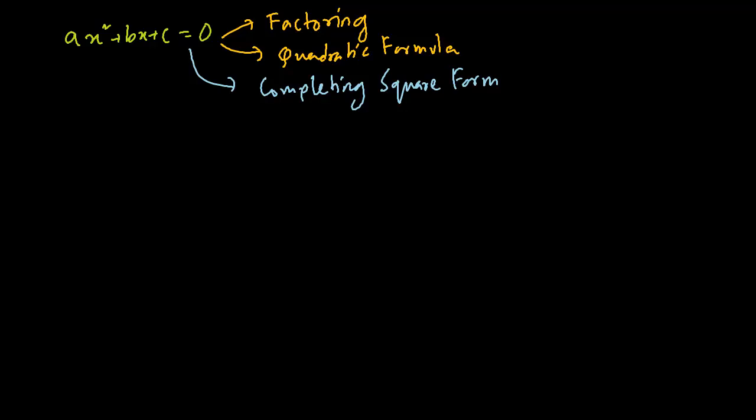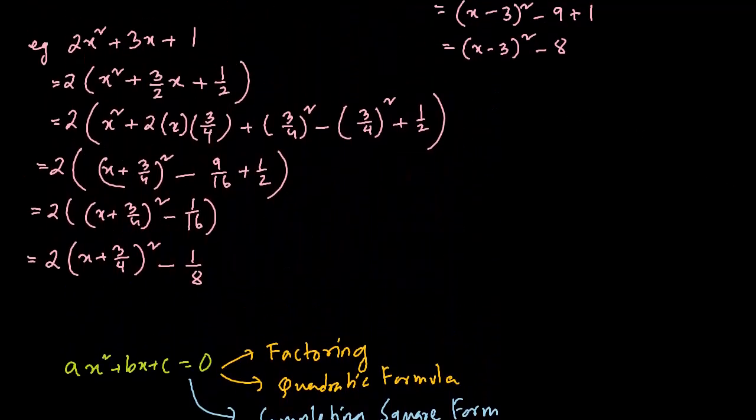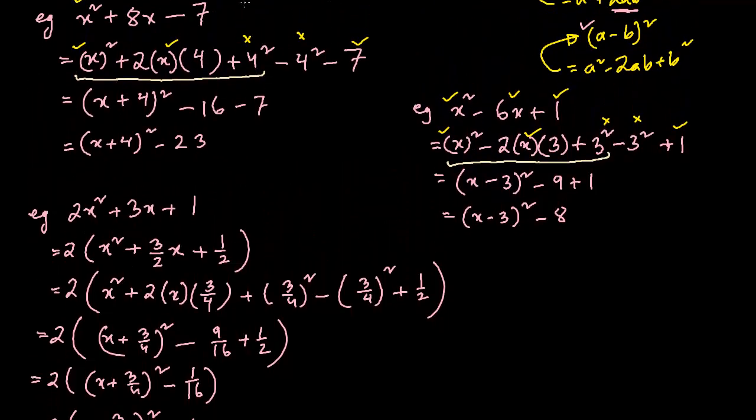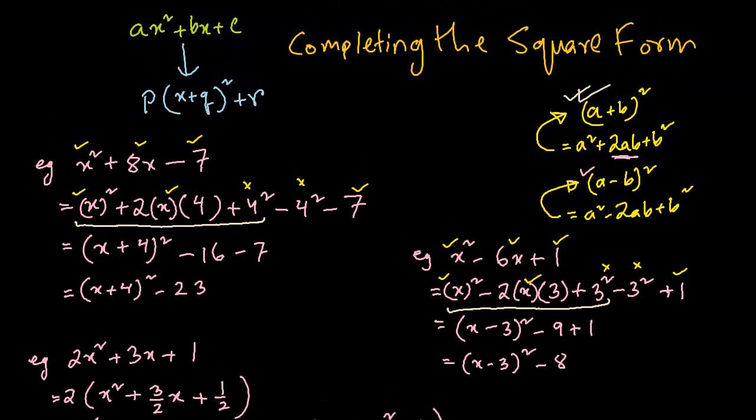For example, if you have to solve this equation, if it was like that, x squared plus 8x minus 7 equals 0, what we can do in the next line is write the complete square format, which is x plus 4 whole squared minus 23 equals 0.